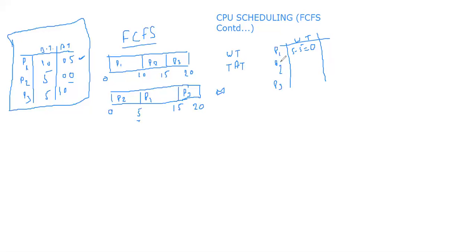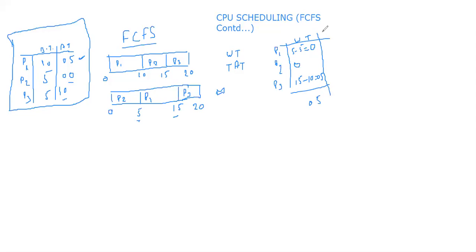P1 has not waited even a single unit of time. Now what about P2? P2 arrived at 0 and got an immediate chance, so P2 has not waited either. What about P3? P3 arrived at 10 units of time and got its chance for execution at 15, so from 10 to 15 it has waited for 5 units of time. The total waiting will be 5 units of time.